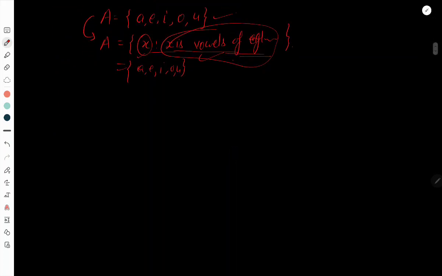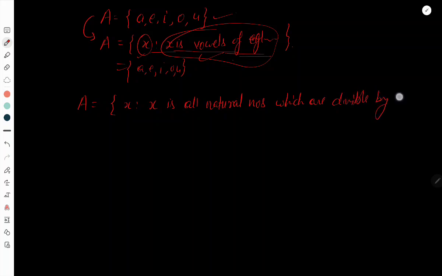Like one set I am writing here: A equals {x such that x is all natural numbers which are divisible by 2 and less than 40.5}, let's say.